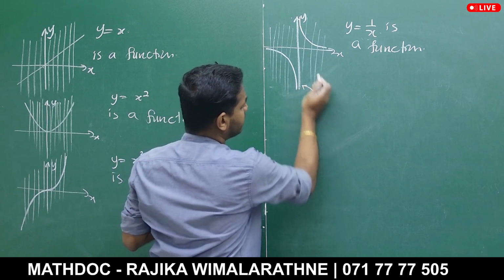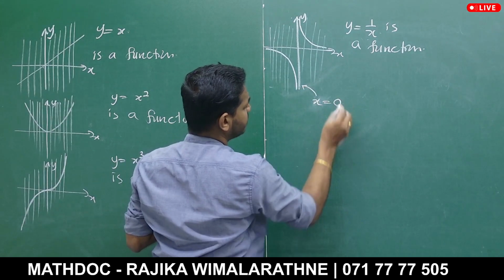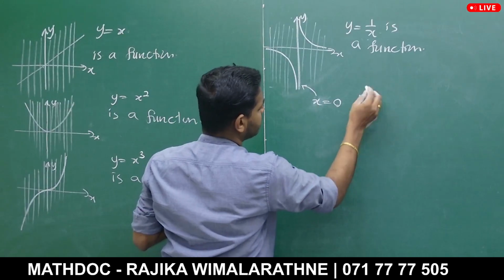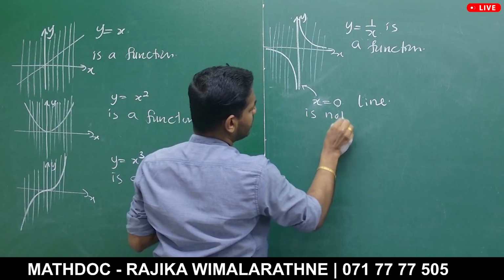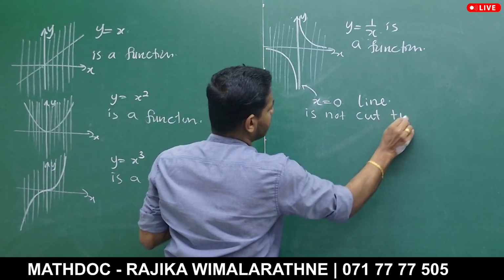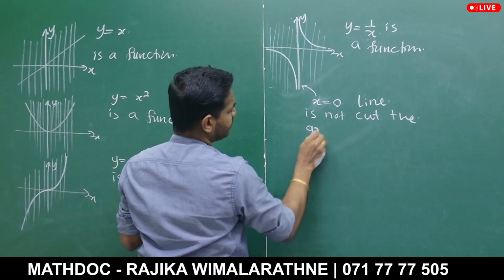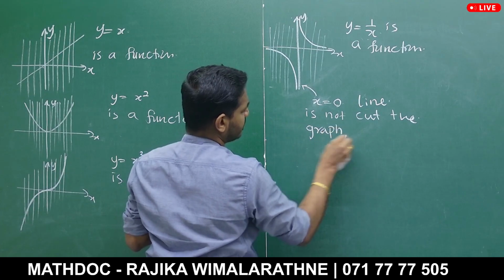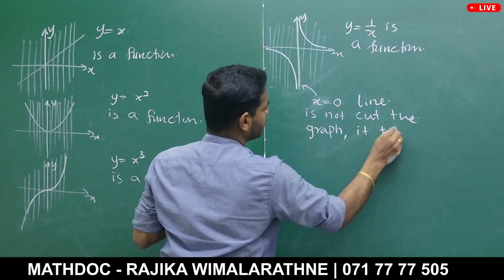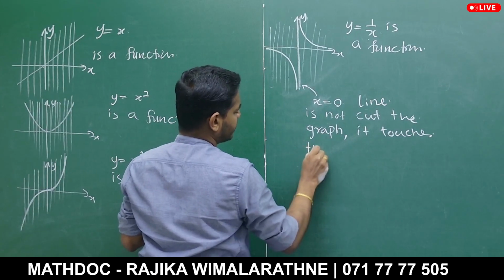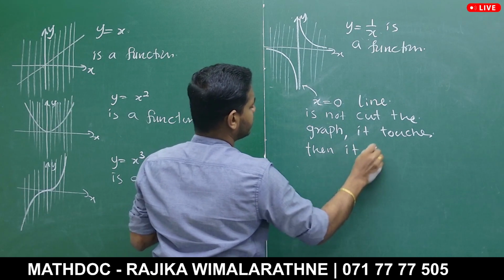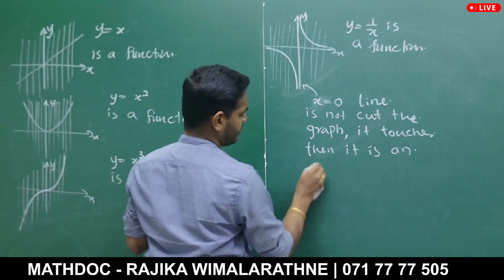Then the line x equals 0 does not cut the graph. It touches. Then it is an asymptote.